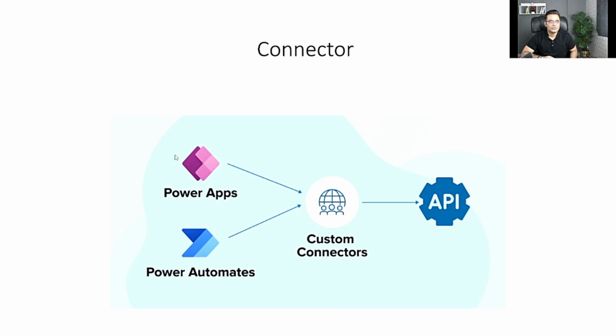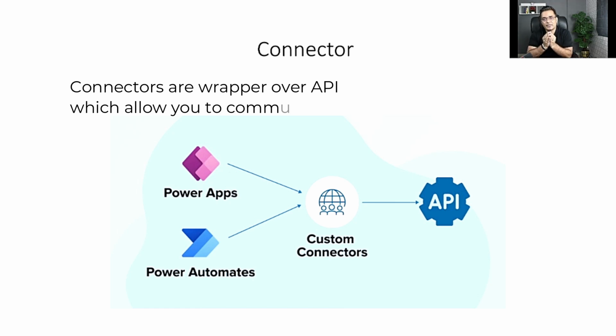So my friend, let's take an example of this image. For example, you want to connect with Power Automate, you want to connect with Power Apps. We need custom connectors, and custom connectors are nothing but a wrapper over an API, because without an API you can't connect with any third party application or any application. So those APIs are wrapped with custom connectors, and that is what we use in Power Automate to communicate with any application, whether it is within the organization or outside the organization.